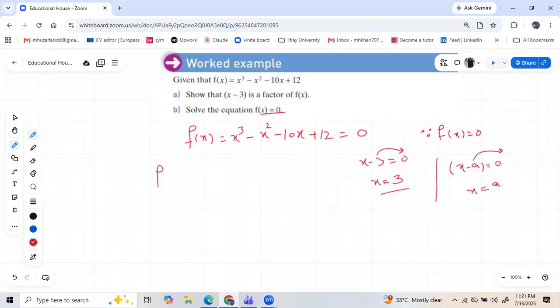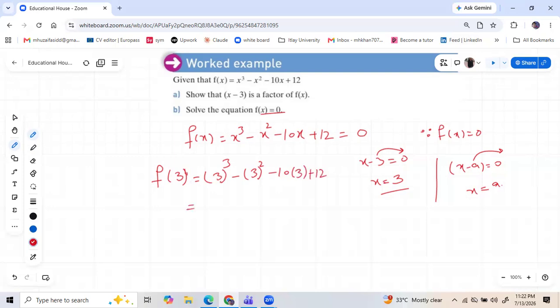So we are replacing f of 3 is equal to 3 power 3 minus 3 of 3 square, minus 10 into 3 plus 12. So from here, look at it here.